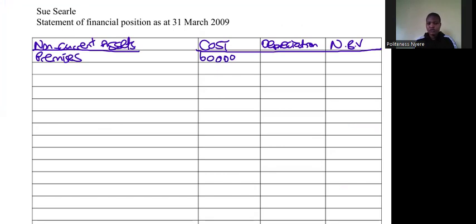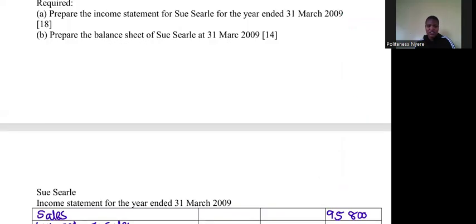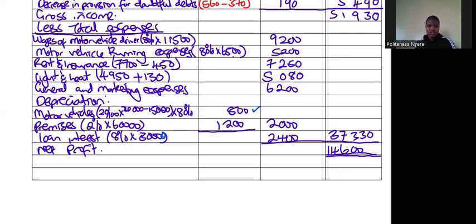What is the depreciation? Remember, the depreciation we are talking about here is accumulated depreciation. For premises, the depreciation in the trial balance is 12,000, plus the depreciation that we charged in the income statement, 1,200.